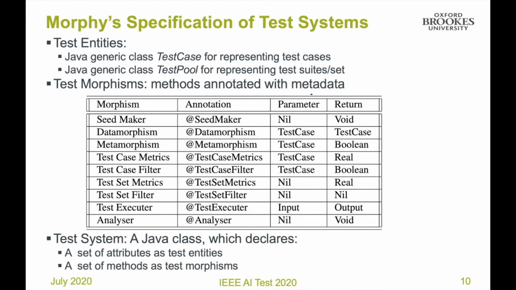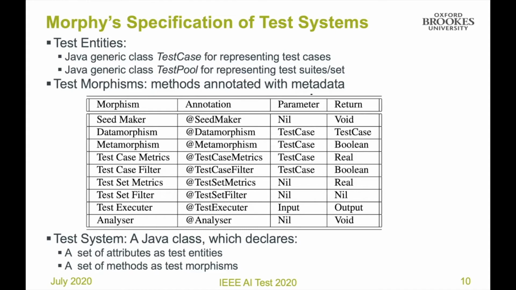Morphy's specification of test system is what we call declaratively imperative. Each test specification is a test system, which is a Java class that declares a set of attributes as the test entities and a set of methods as the test morphisms.